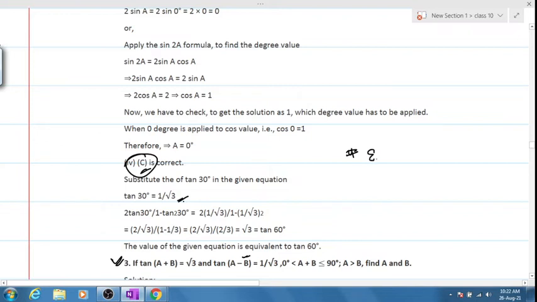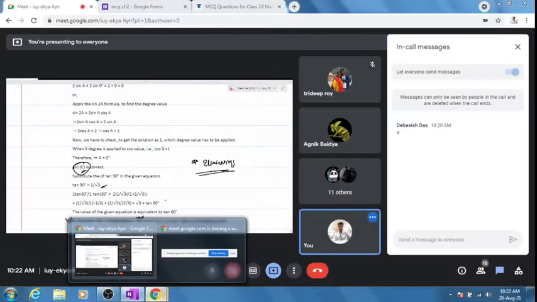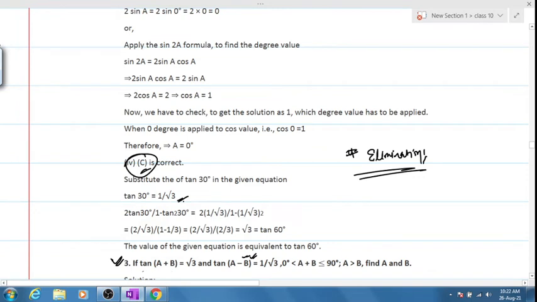You will use the elimination method to solve this. If you require more hint, then I can write it for you. Tan A plus B equals to, this root 3 can be written as tan 60, yes or no? Tell me.